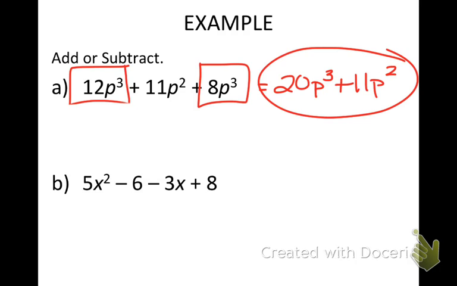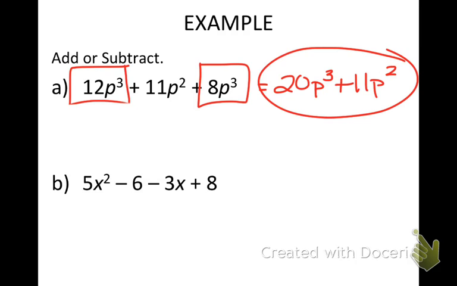I can't have 12 apples and 11 oranges and then combine them together and say I've got 31. But why did we add exponents before?